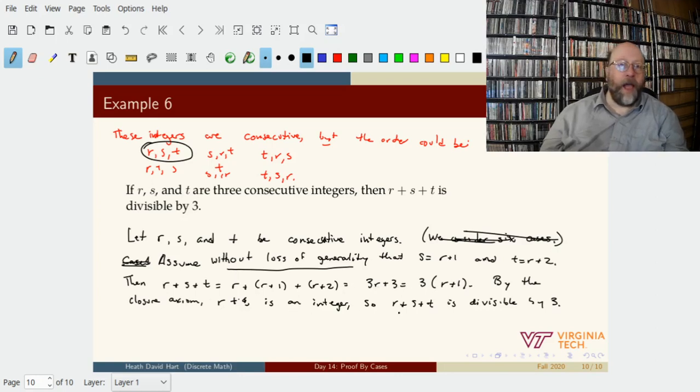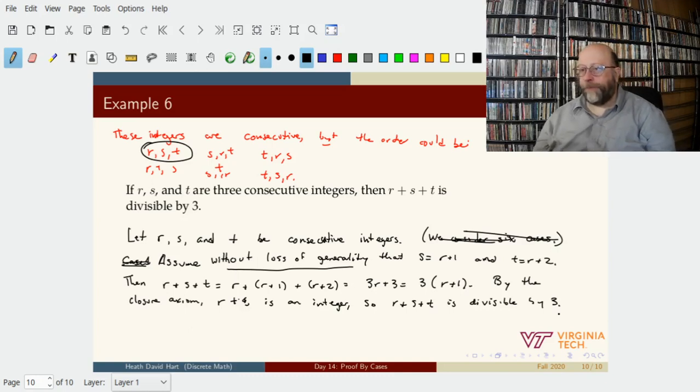S plus 1 is an integer, so s plus t plus r is divisible by 3. And we could do it that way also. That is, the logic didn't change, I just have to change all the r's to s's and do the problem that way. All right? So that's how proof by cases works.